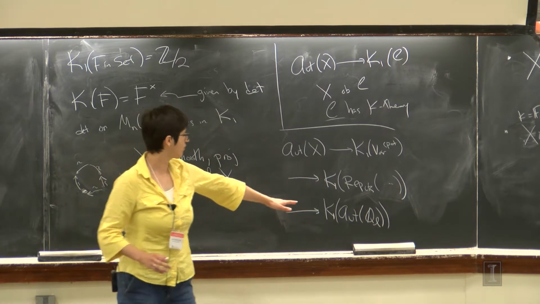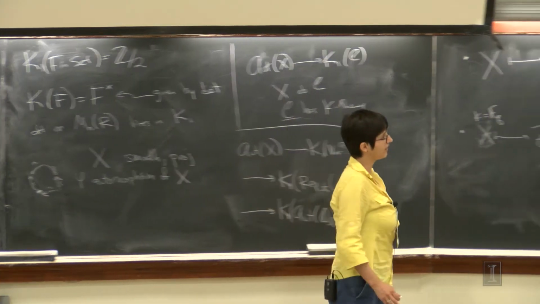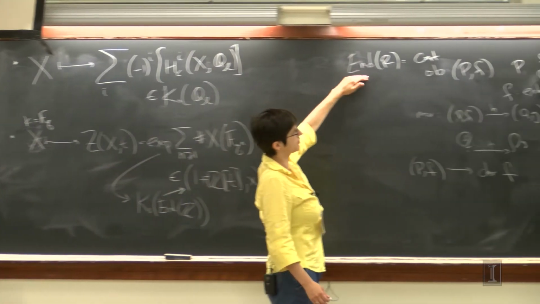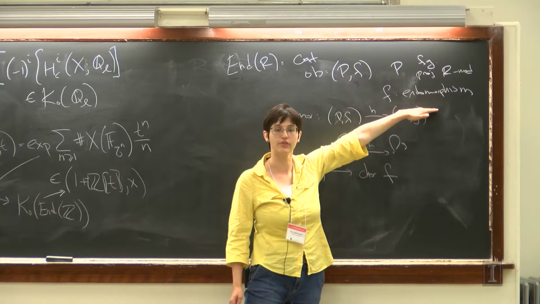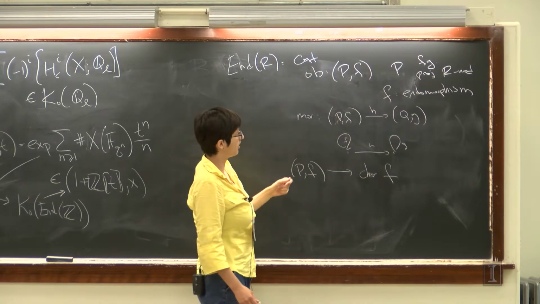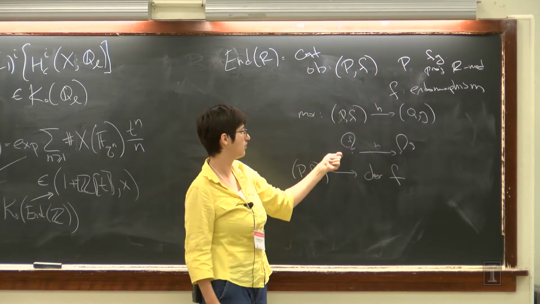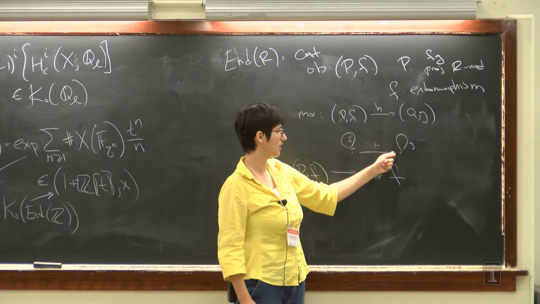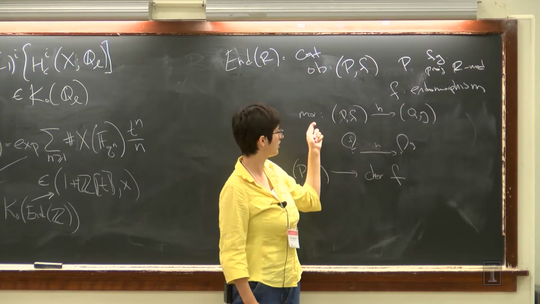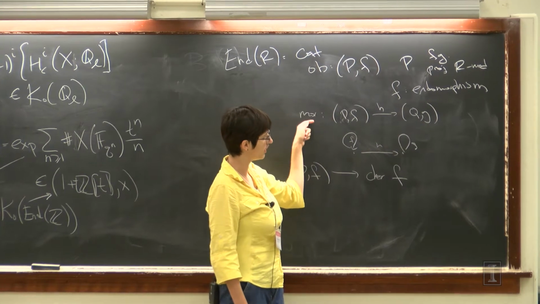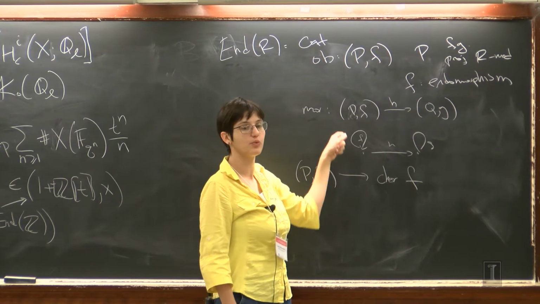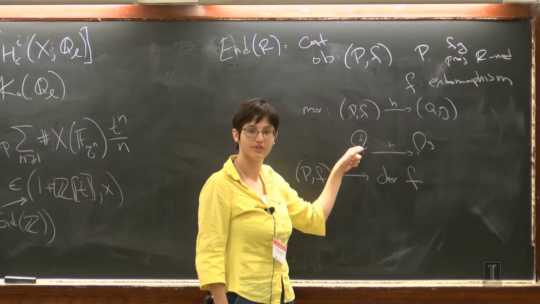So what is K1 of Aut? Well, Aut is going to be exactly the same here, except I'm going to replace endomorphism with automorphism. So what is a morphism in here? An automorphism in here is an automorphism that commutes with the fixed automorphism, right?